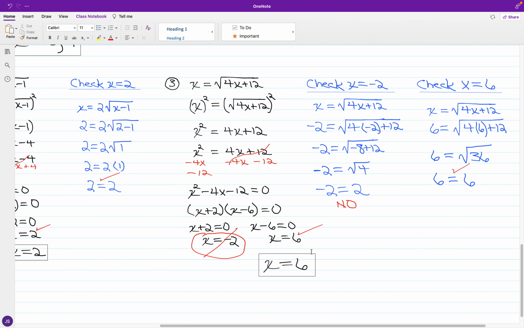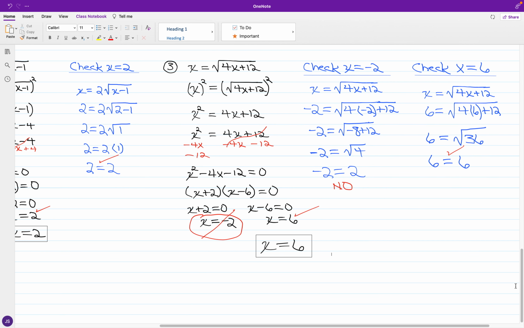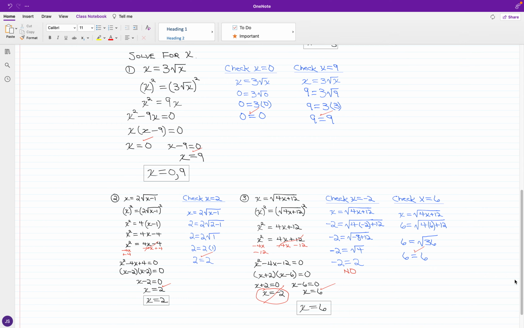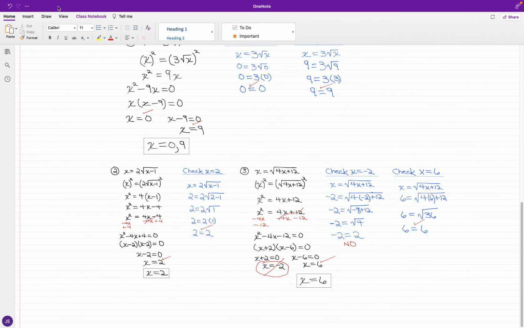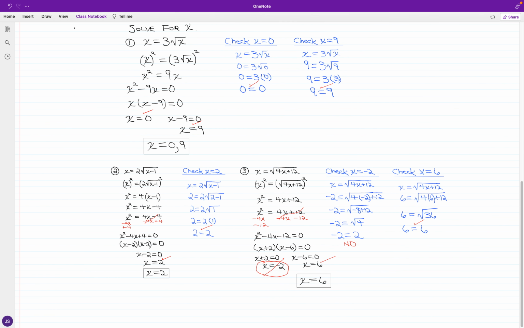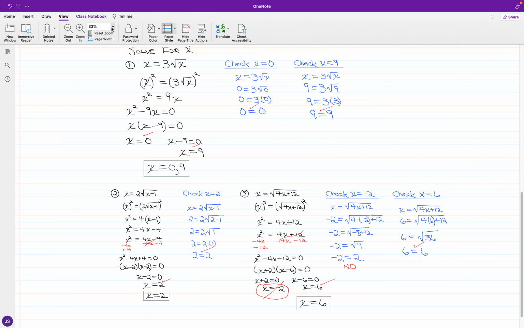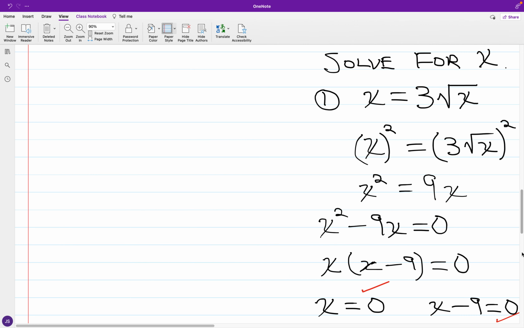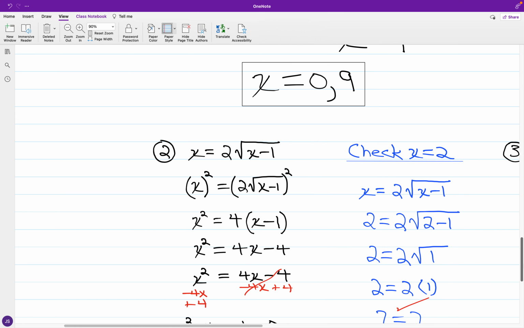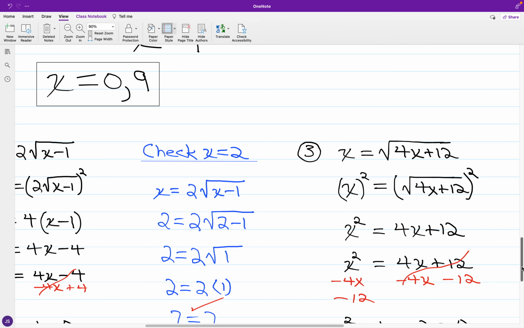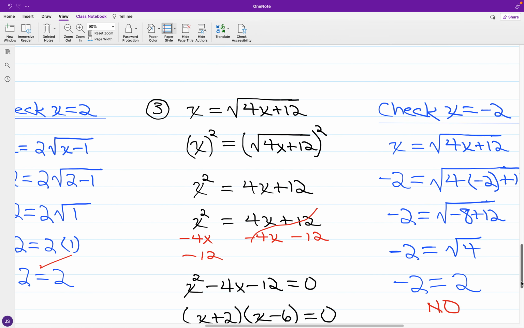All right. Now, working with radicals, I'm going to give you some special cases in a moment.